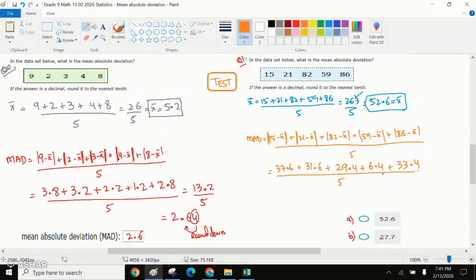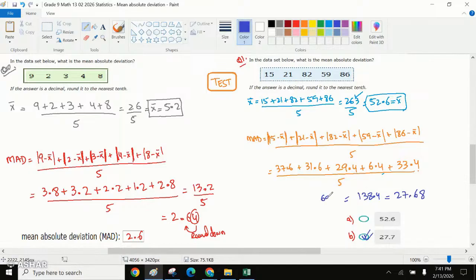It's perfect. Thank you. Option B is the correct answer because the answer came out to be 27.68, right? And finally, it came out to be 138.4 multiplied by 5.